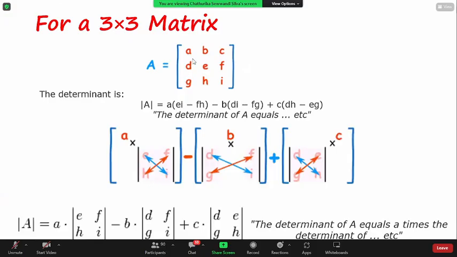Here we have found the determinant with respect to the first row.